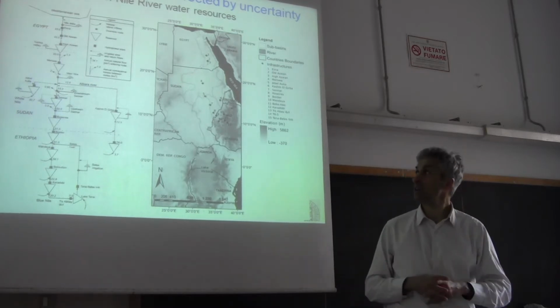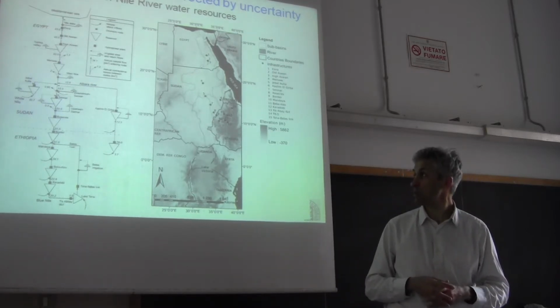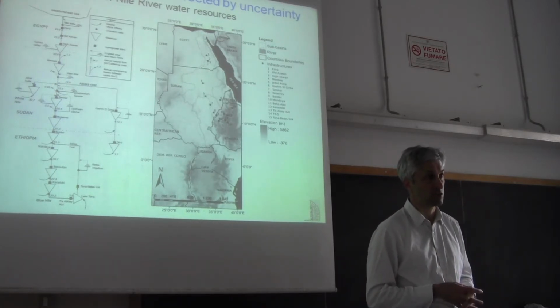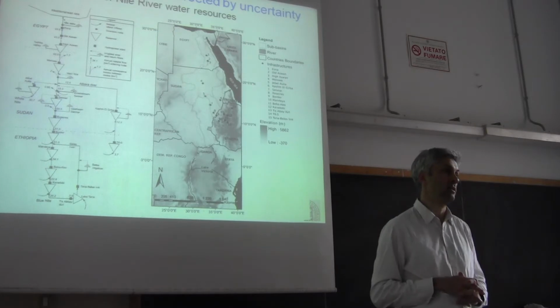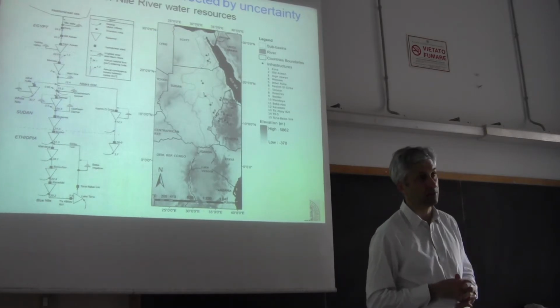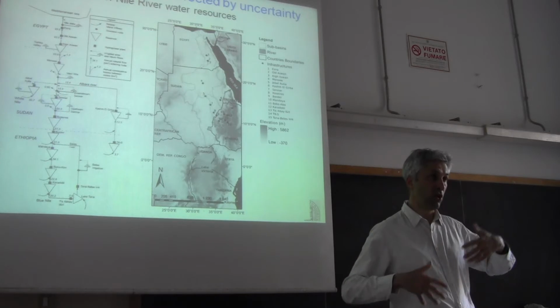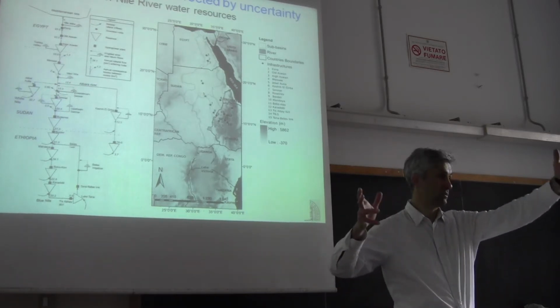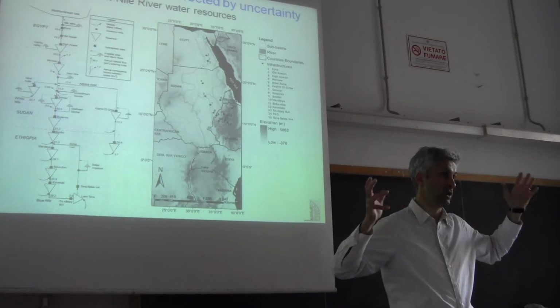And this is an interesting, an appealing problem because at least the history is very long. You know that the Egyptians depended on the floods and the water for irrigation from the Nile River. But with the evolving societies along this very long river, the problem became more articulated.